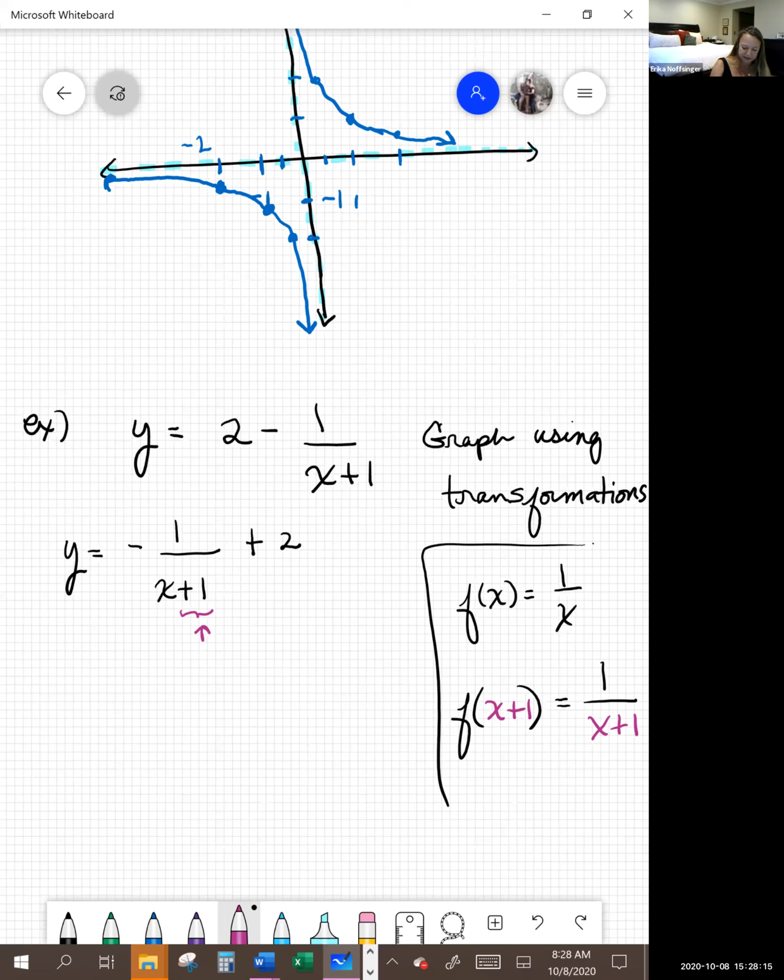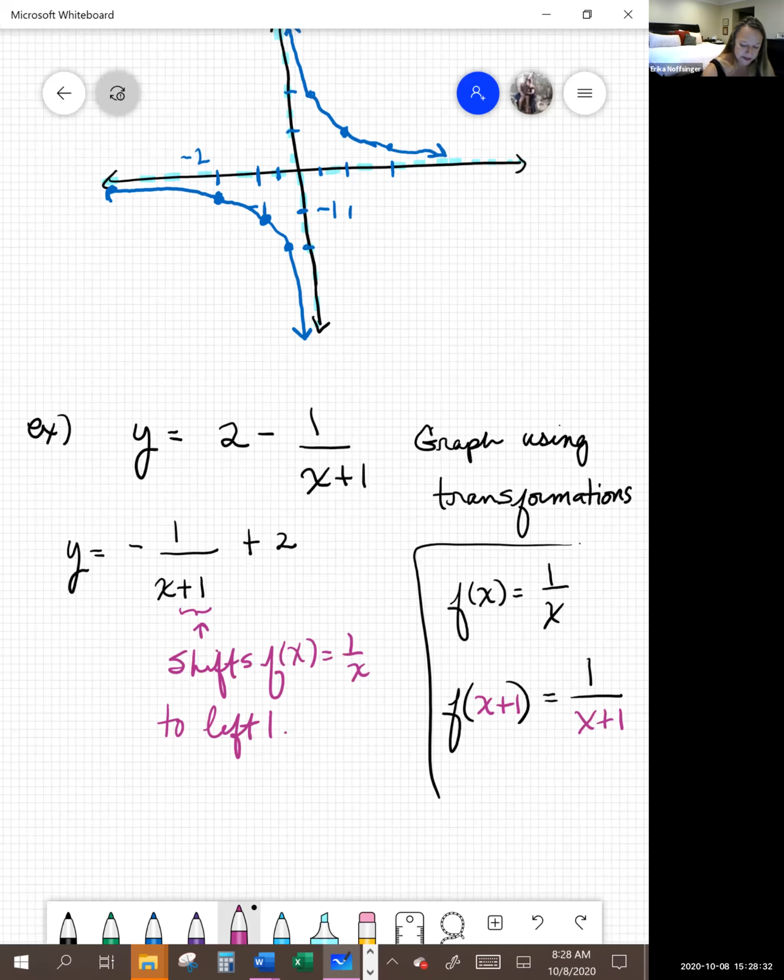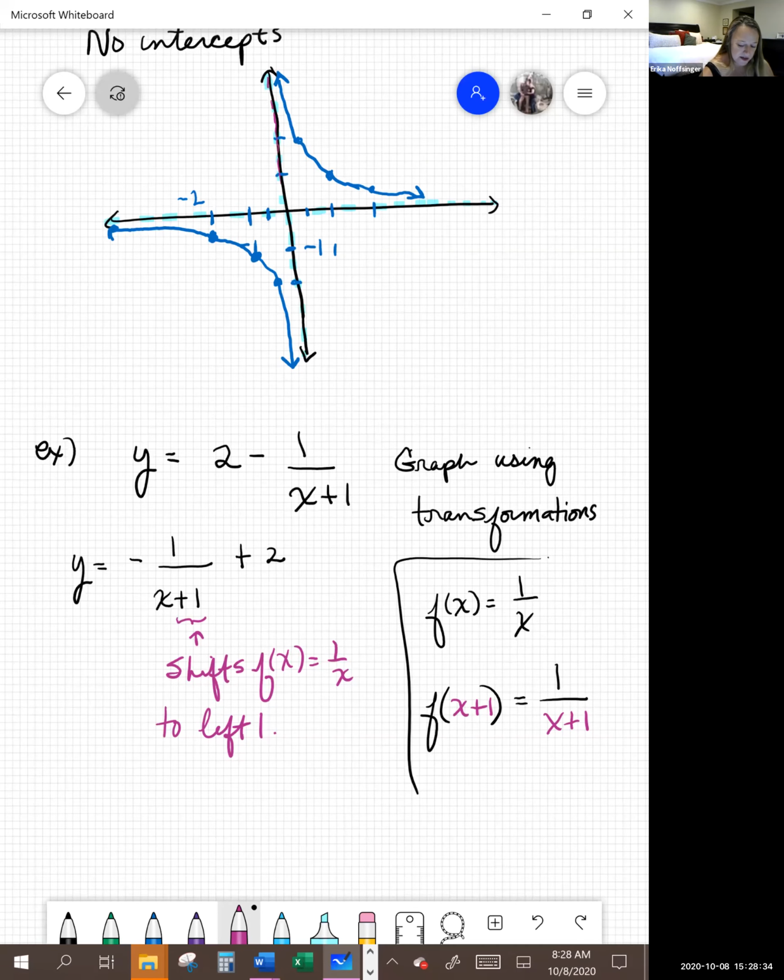And so this shifts f of x equals 1 over x to the left 1. So basically this asymptote right here on the y-axis is shifting to the left 1, so we now have an asymptote at x equals negative 1.